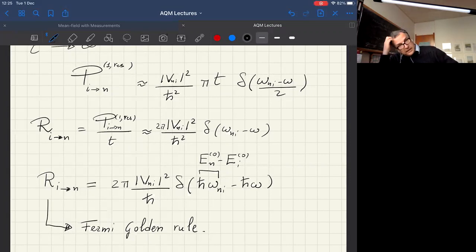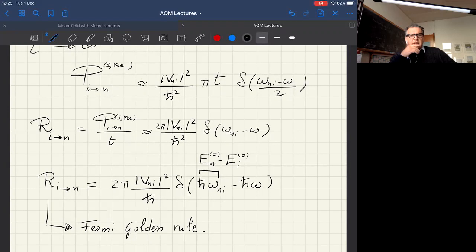So Fermi golden rule has a very important application in determining the dynamics of atoms in the presence of external radiation or external perturbation.